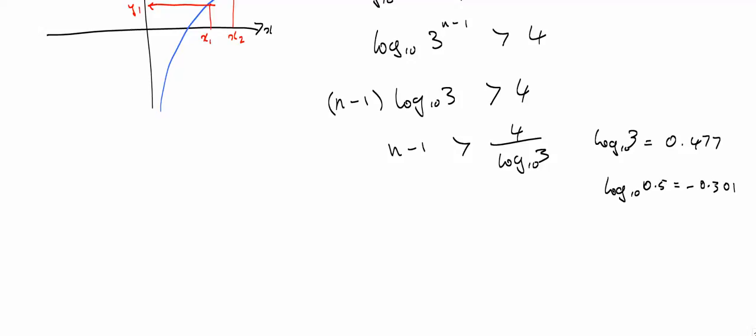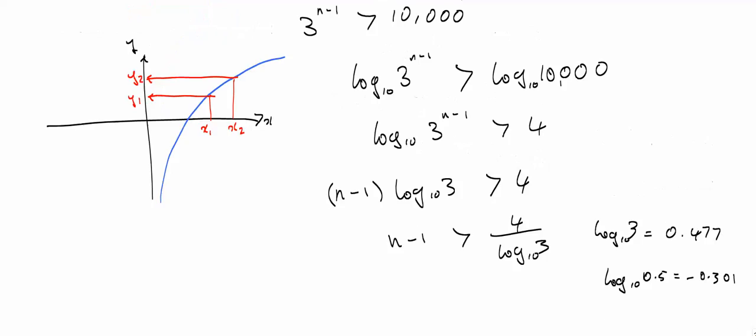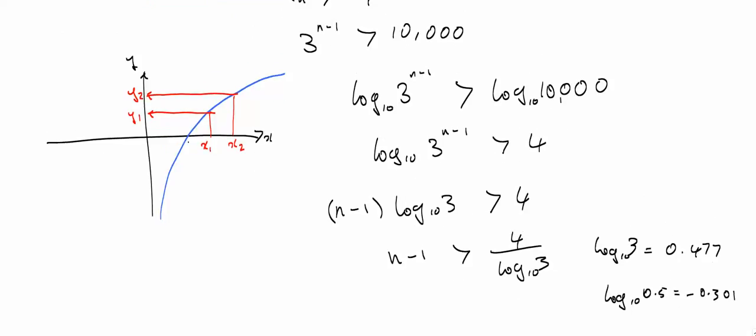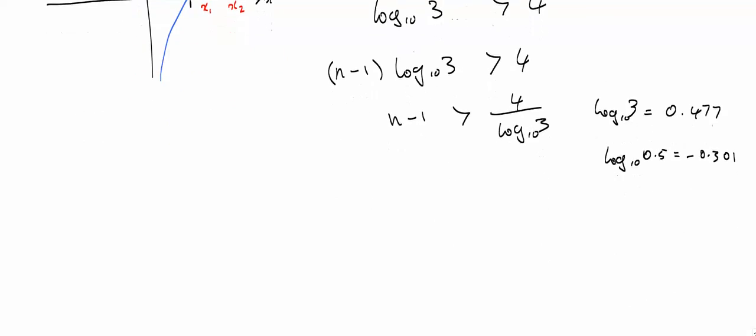The logarithm of any number less than 1, we can see on the graph here, this is 1 there, so any number less than 1, the logarithm is negative. So you would have to reverse the direction of the inequality symbol if you divide by a logarithm of a number less than 1.